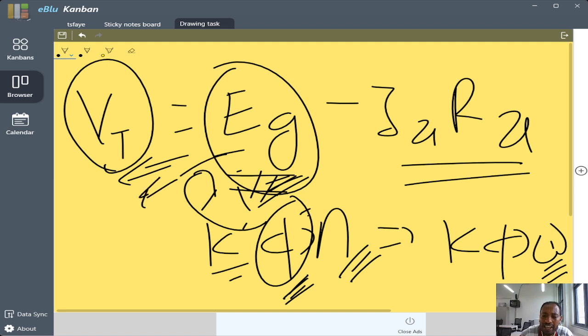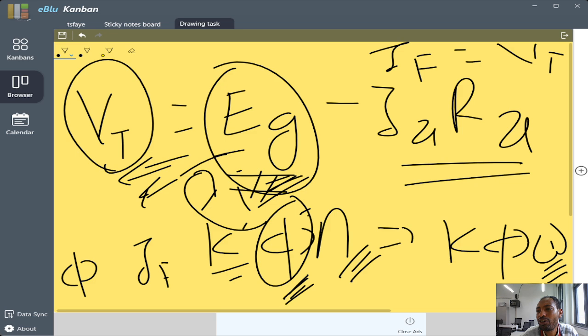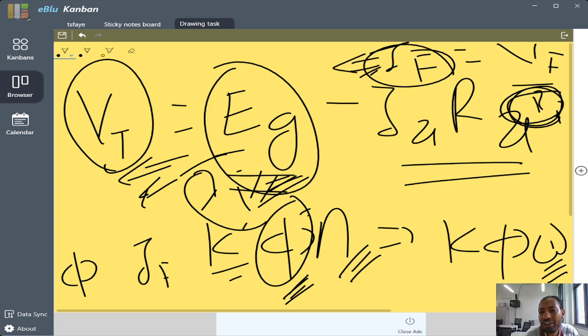How can we control the flux is the question. By controlling IF. How can we control IF? IF is controlled by controlling VF and RF. So by making this RF variable, we can make IF variable, and we can change the flux.